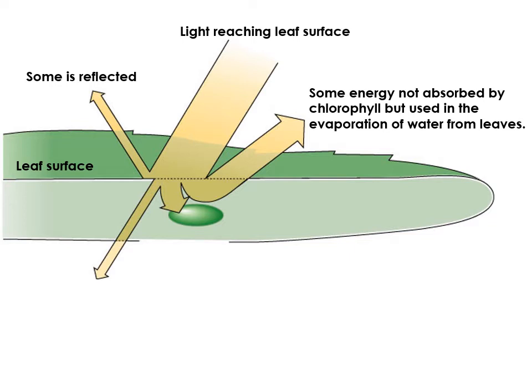So it just doesn't strike the chlorophyll, it strikes water molecules, and that energy is used to evaporate the water from the leaf. And some doesn't strike the chlorophyll, and it just literally transmits straight through the leaf, which makes sense if you think about being inside a woodland. It's not pitch black, sunlight penetrates the canopy.